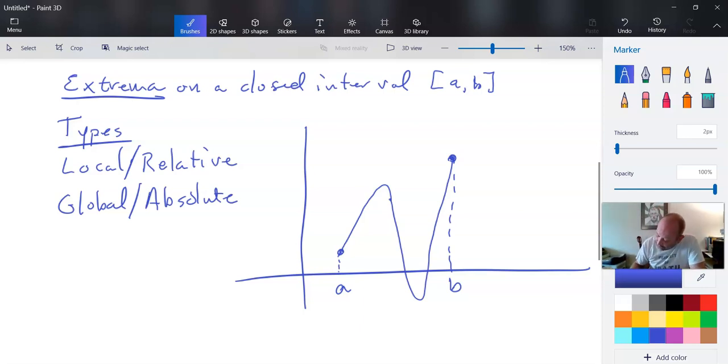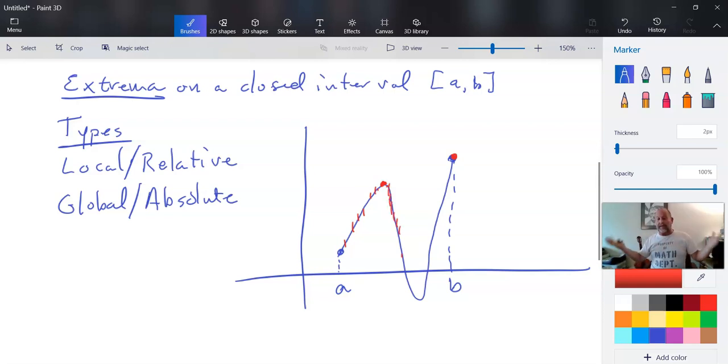So for example, here, that is not the biggest value in the entire function. This is the biggest value in the entire function over this domain. However, this is bigger than everything around it. It's bigger than all of these values on the left, and it's bigger than all these values on the right.